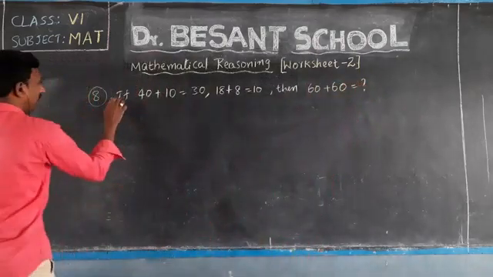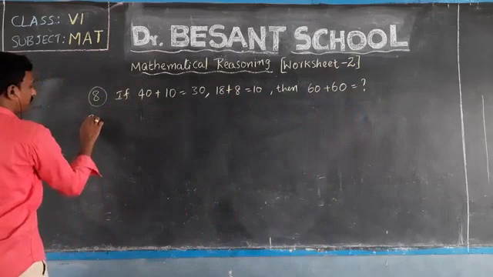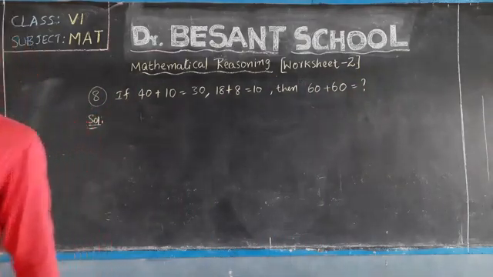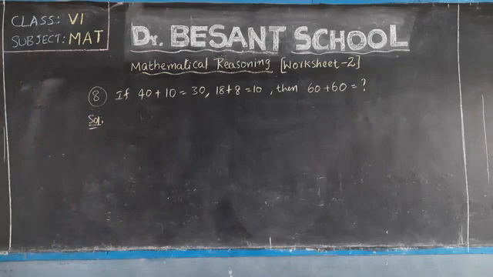Try yourself. I will give some 15 seconds of time. It's a very easy, very simple problem. You can do it. If 40 plus 10 is equal to 30 and 18 plus 8 is equal to 10, then 60 plus 60 equals how much? It's a very interesting problem.